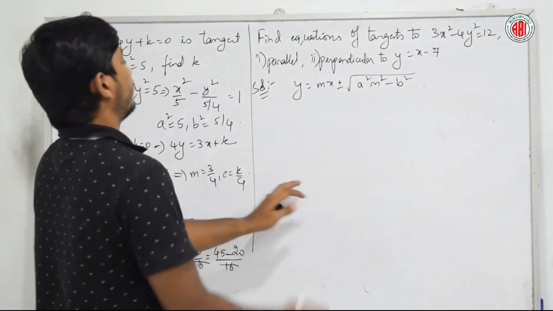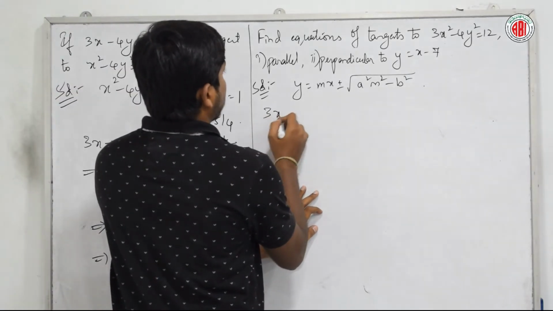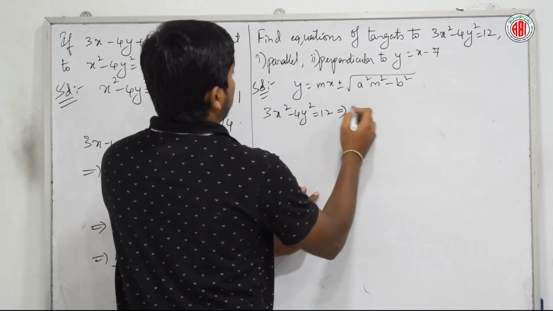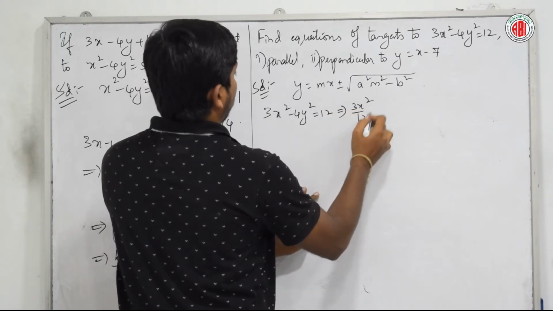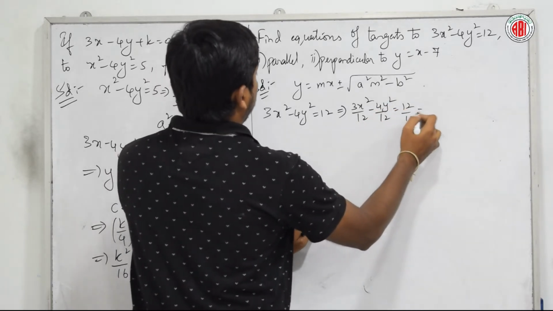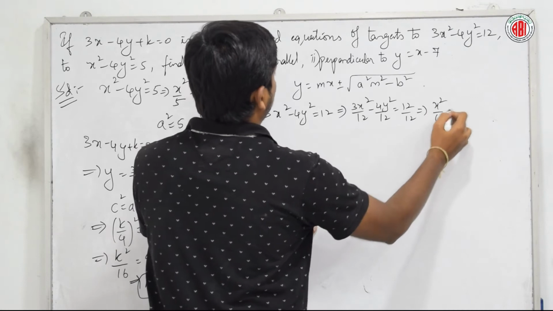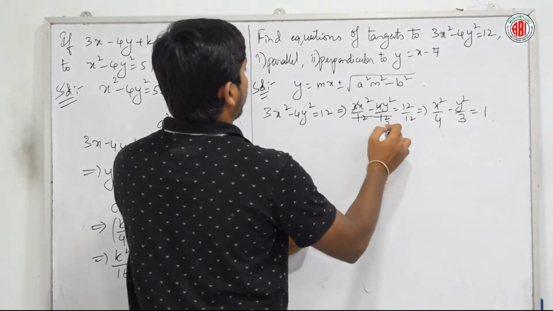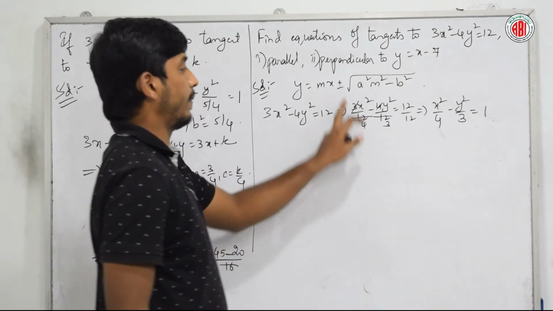Yes. Then 3x square minus 4y square is equal to 12. If I divide it by 12 for everything, I will get it as x square by 4, y square by 3 is equal to 1. 3 1s are 3, 4s are 4, 1s are 4, 3s are. Is it?